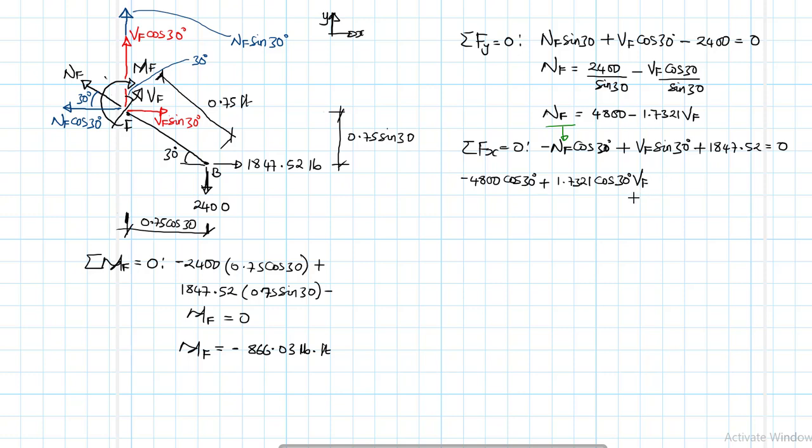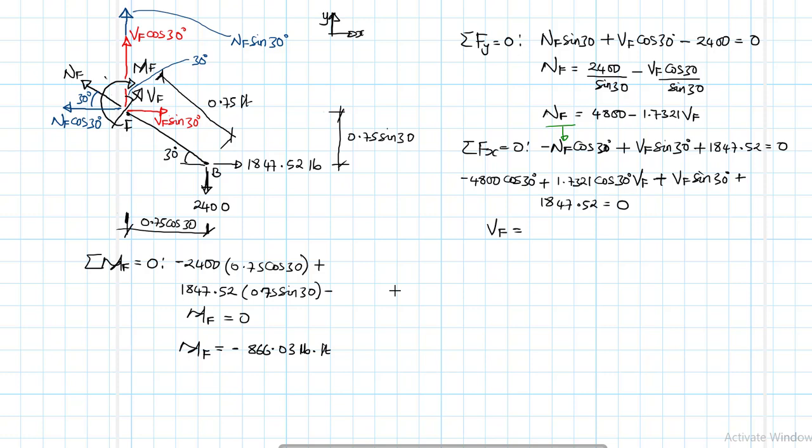Okay, right, we're multiplying by all of them, right? So this by that, we get that, and then this by that, we get this, right? Then plus VF sine 30 plus 1847.52 equal to 0. So let's find what VF is. You can find it.